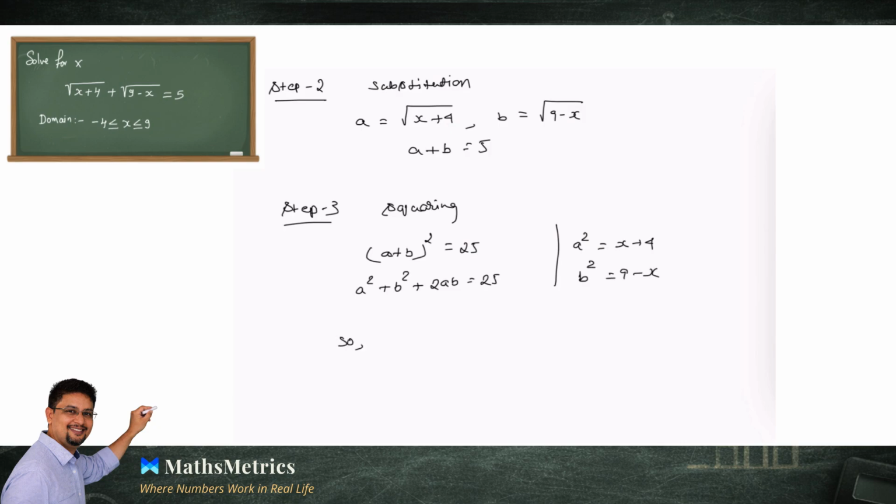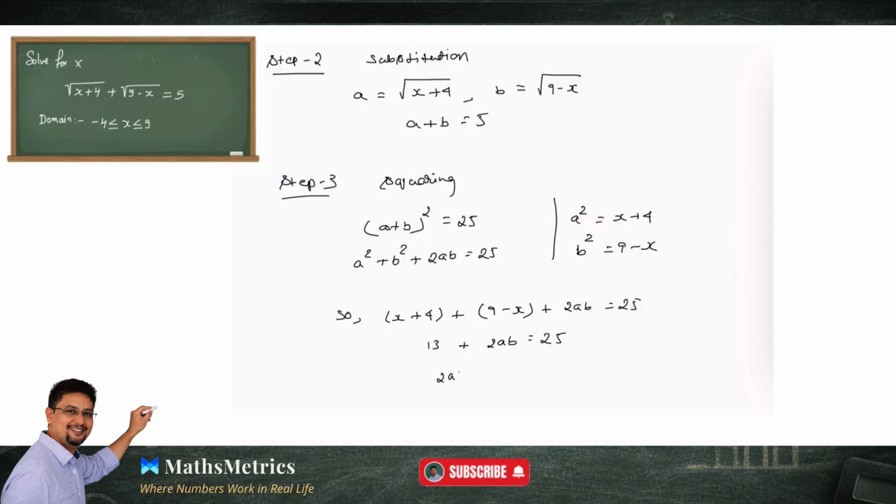So we can write the entire equation as x plus 4 plus 9 minus x plus 2ab equal to 25. It becomes 13 plus 2ab equal to 25.